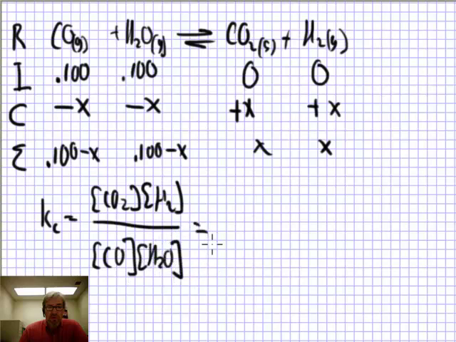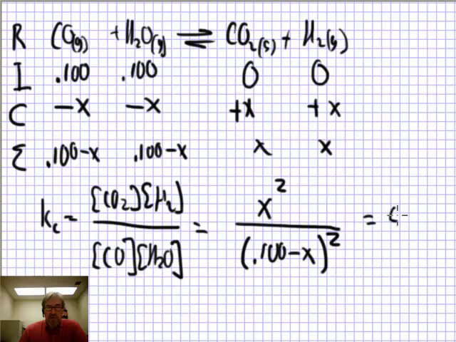But in terms of our chart, CO2 and H2 are both X's, and so X squared is my numerator. And concentration of CO and H2O are both 0.100 minus X, so (0.100 minus X) squared is my denominator. And that's equal to 4.06, because that's what Kc is.